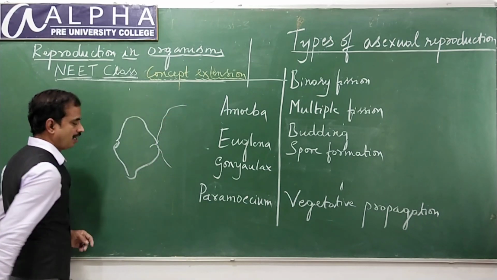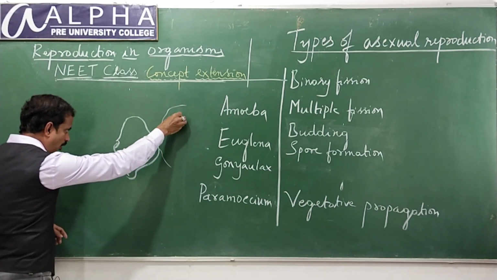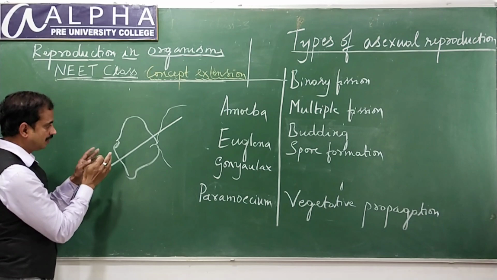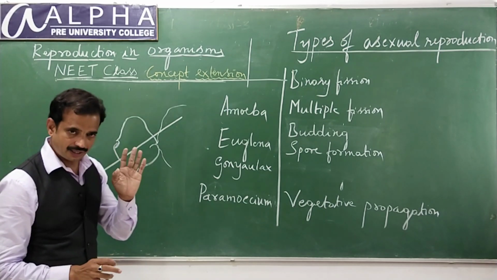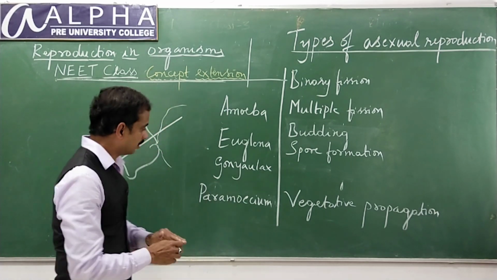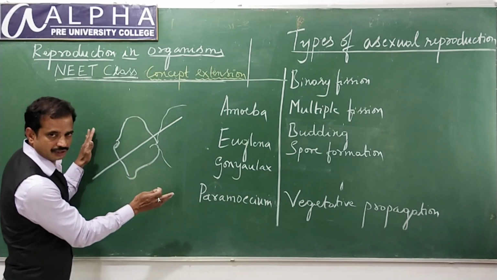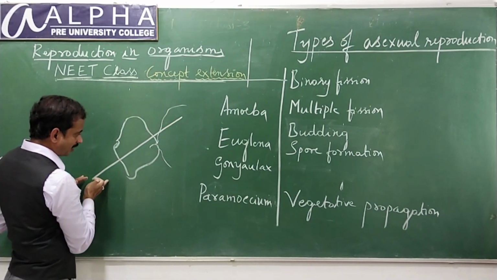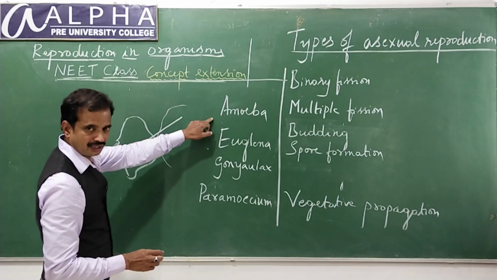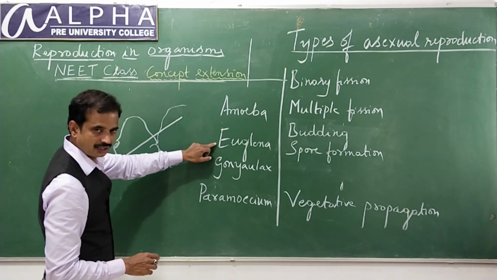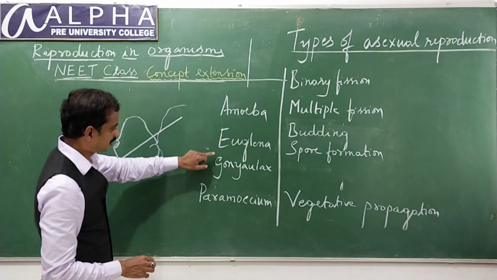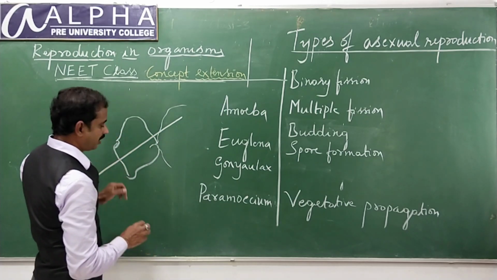So this divides obliquely like this. It will reproduce asexually by binary fission again, but here it is an oblique binary fission, right? The plane of division is like this. Amoeba, irregular simple binary fission. Euglena, longitudinal binary fission. Goniolax, oblique binary fission.